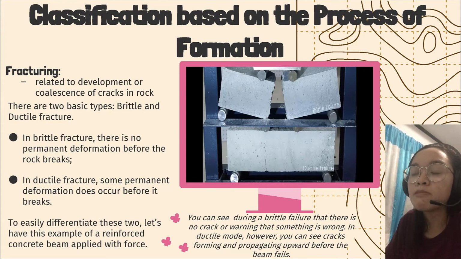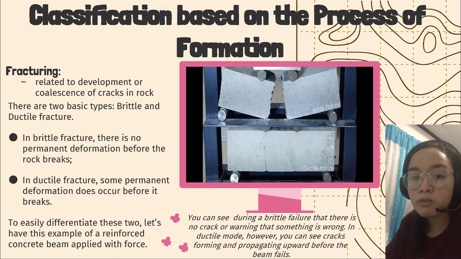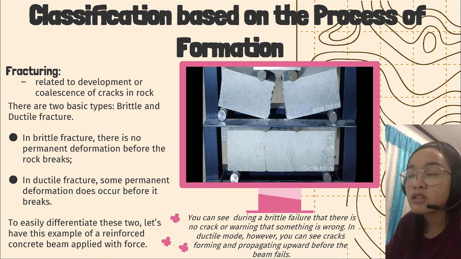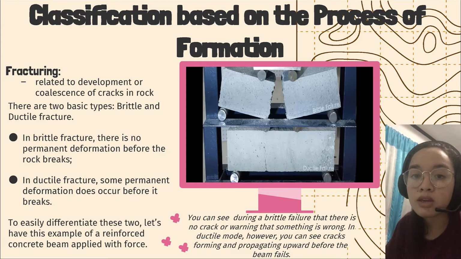This is a very important deformation mechanism in the upper part of the Earth's crust. There are two basic types, brittle and ductile fracture. In brittle fracture, there is no permanent deformation before the rock breaks. In ductile fracture, some permanent deformation does occur before it breaks.